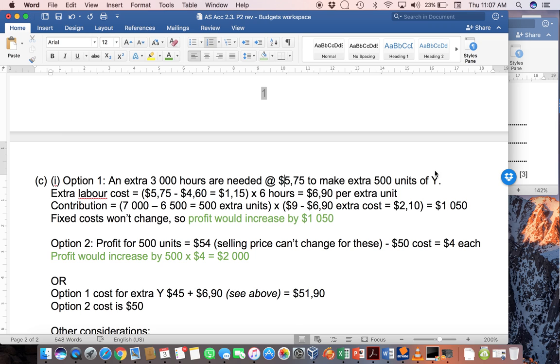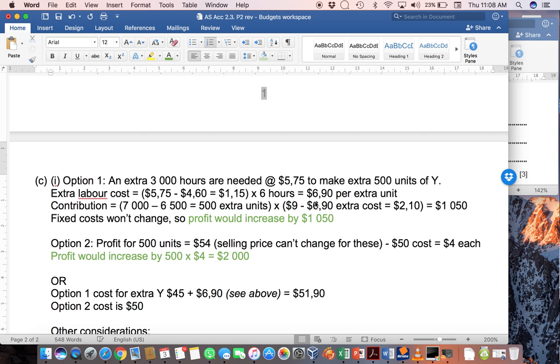That is the extra overtime rate that I have to pay, times 6 hours, because remember that we're working on Y here, because X was the most profitable to make at the rates that we were given and the hours that were available. So we're going to make an extra 500 units of Y, which needs 6 hours per unit.